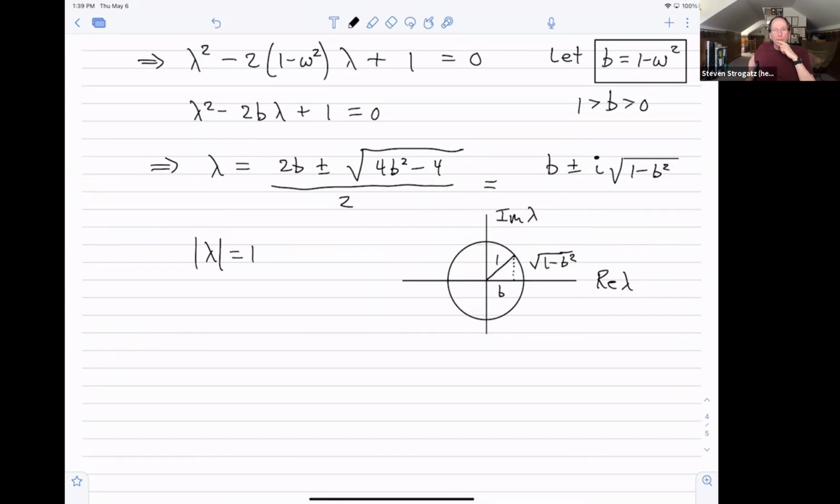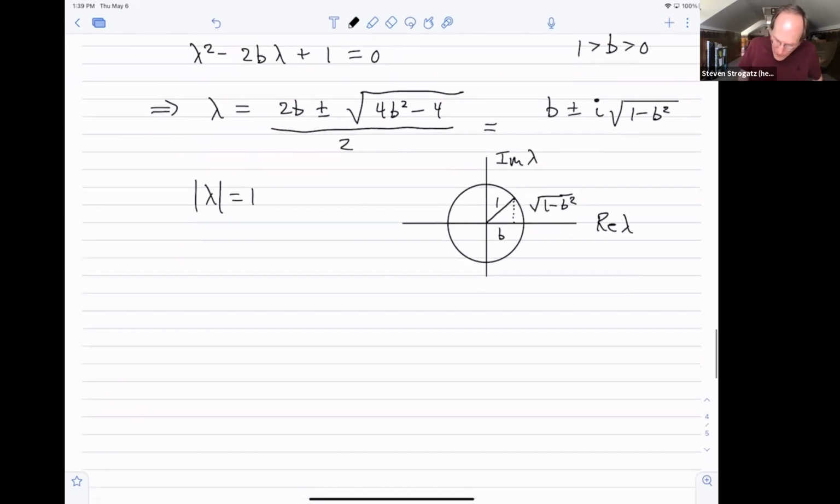That's interesting. So we can say here, if I call alpha this angle inside the circle, then my lambda is of the form e to the i alpha. I have in my notes plus or minus e to the plus or minus i alpha. I'm confused, why would I write that?